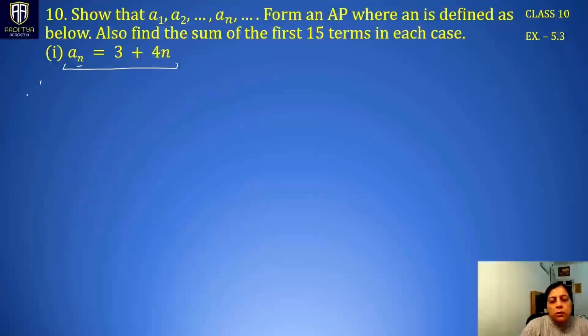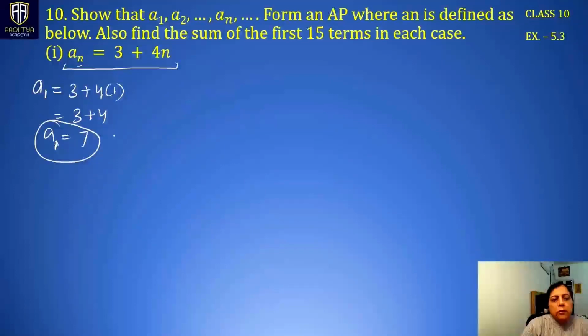See, n denotes the number of terms. To find the first term, I am putting n as 1. So a1 becomes 3 plus 4 times 1, that is 3 plus 4, which is 7. a1 is 7. a1 is equal to a, which represents the first term of the sequence.